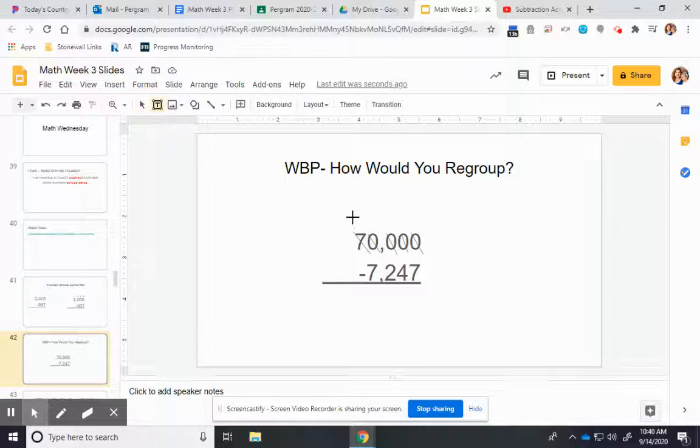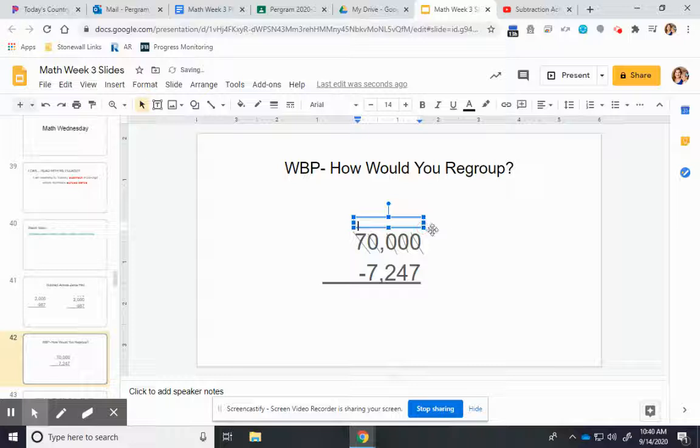So up here, I'm going to make my text box just so I can type it easy. That 7 is going to turn into a 6 because we're borrowing from it. That 0 would be a 10, but we're going to need to borrow from it again, so it's going to turn into a 9. And then this 0 is also going to turn into a 9 because we're going to have to borrow from it.